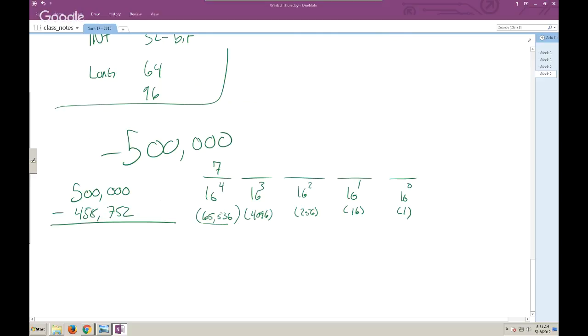Okay, leaving us a total of what on the back side? 200 and what? 48, thanks.